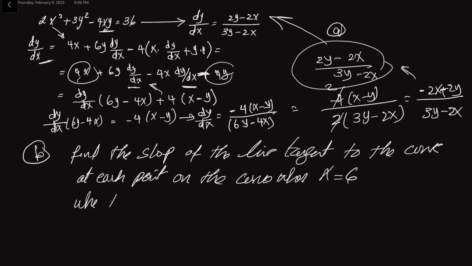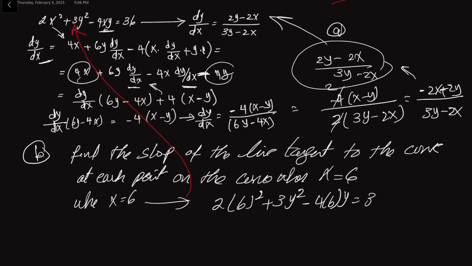So when x equals 6, let's substitute right here. So it will be 2 times 6 squared plus 3y squared minus 4 times 6y equals 36.